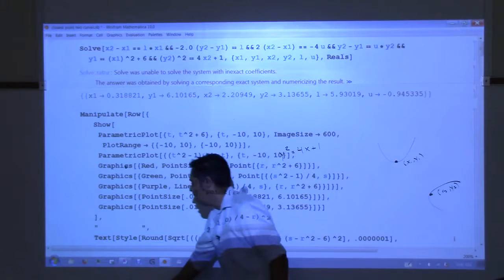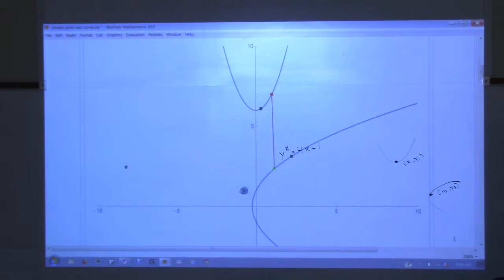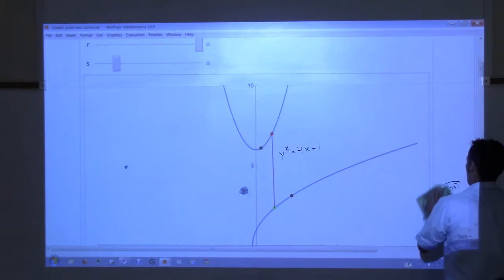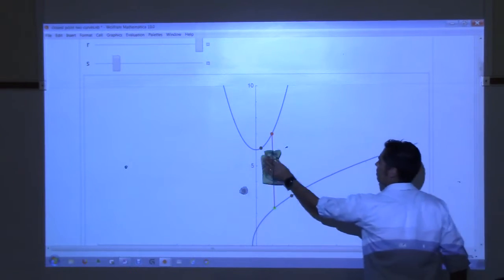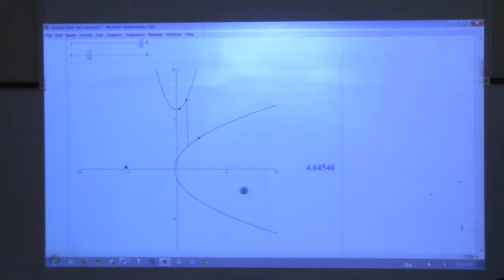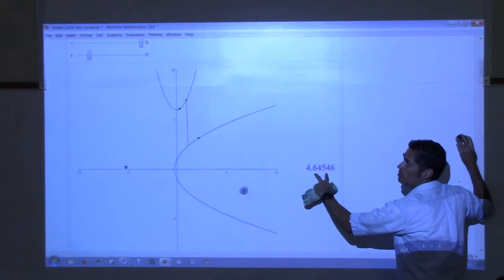And I went ahead and plotted those. The black dots are the solutions that the computer gave me, and I'm pretty convinced that that's correct. Let me zoom this out here. What I've done is calculate the distance between those 2 points.